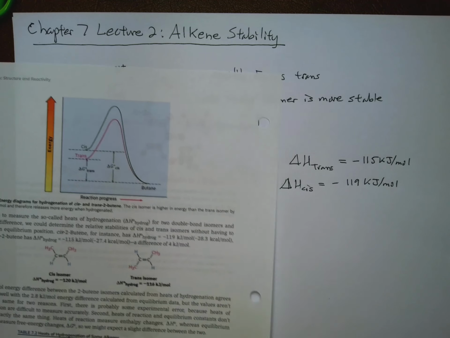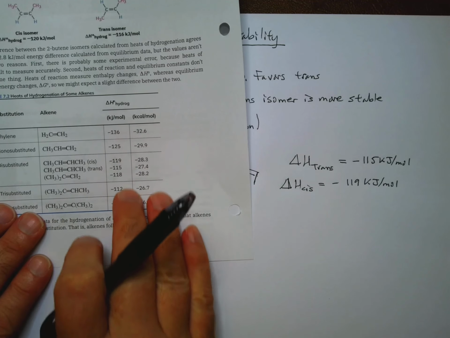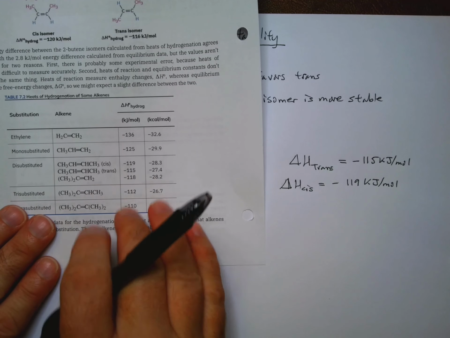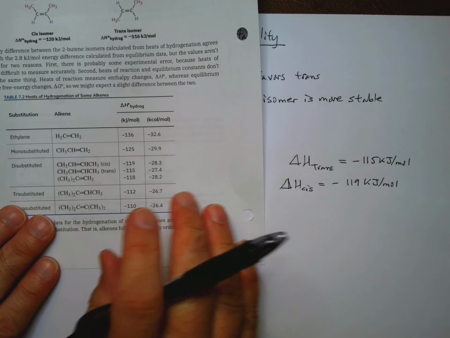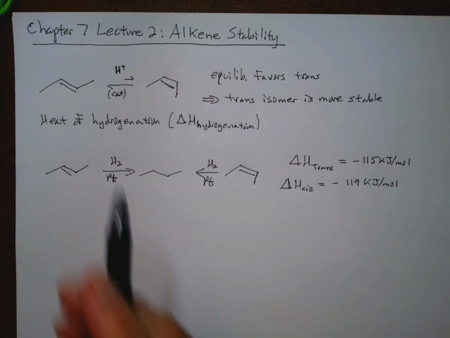So we can use this table, which is table 7.2, to come up with a general trend for what these stabilities are. This trend is one that's worth remembering.